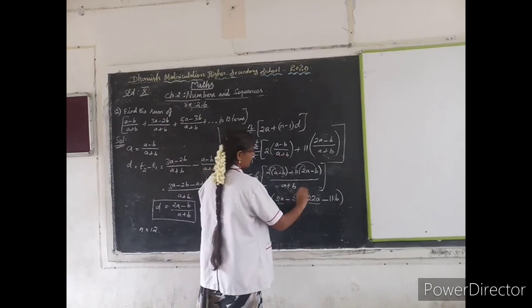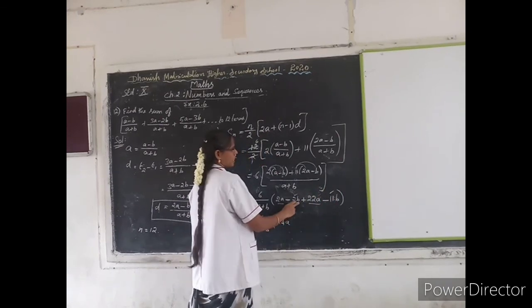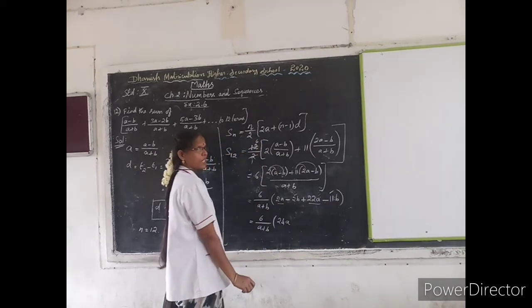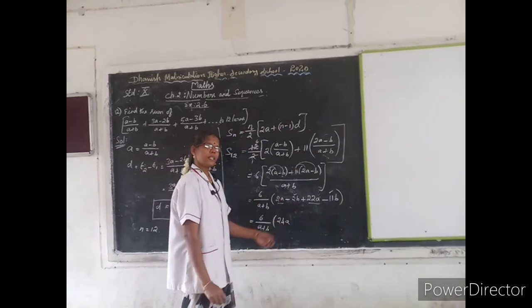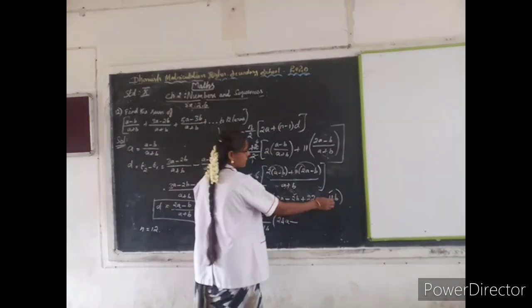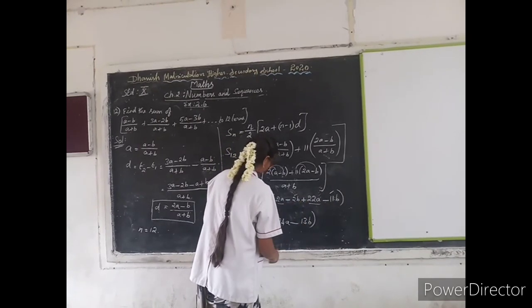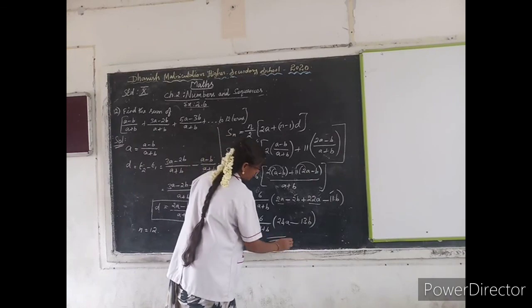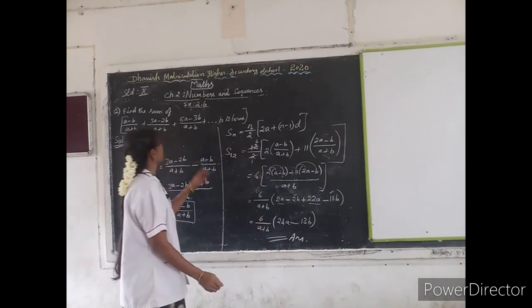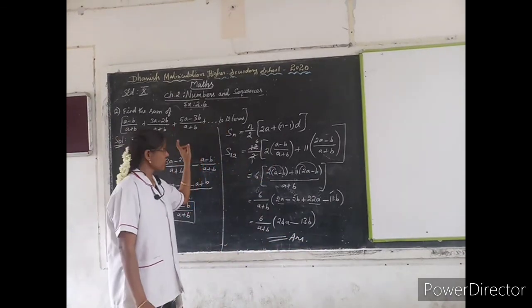What about the b terms? Here minus 2b, here minus 11b. Both are the same sign, so they add: minus 11 minus 2 is 13b. So this is the sum of 12 terms of this AP.